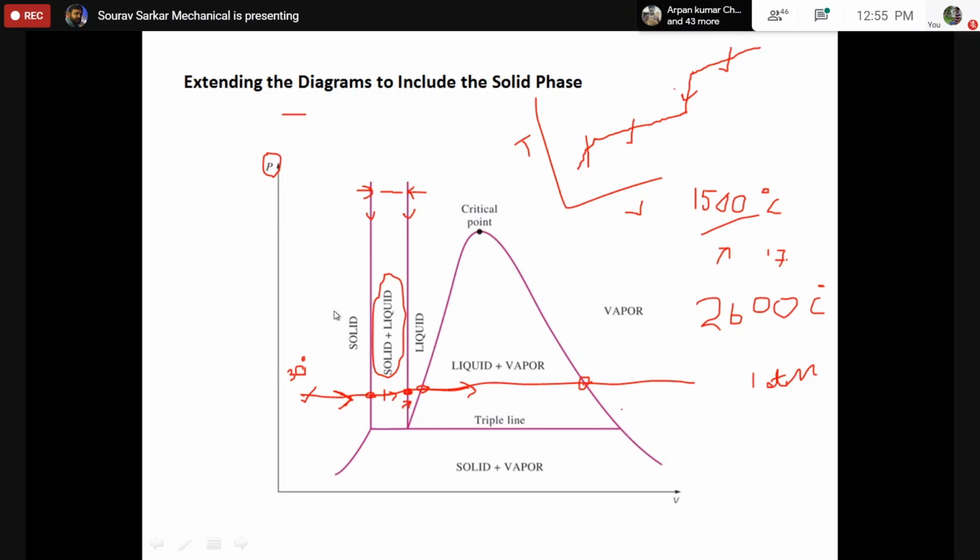And if we further heat, it will become superheated. This part of the diagram is known to me. So just like there is a zone where it is a mixture of liquid and vapor, here there is a zone where it is a mixture of solid and liquid.